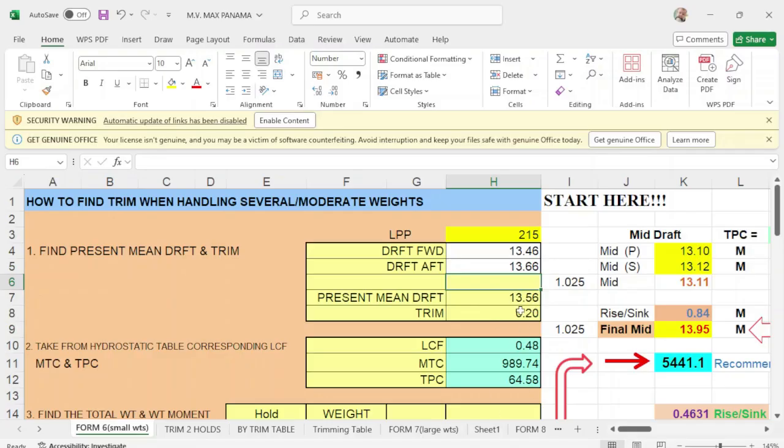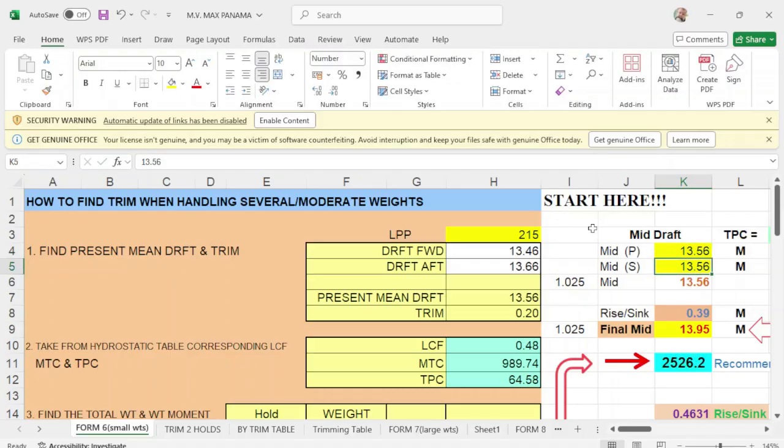With this mean drop of 13.56, you put it here. For example, there's no list, and your mean drop at mid port is 13.56, actual reading at berth, and mid starboard should also be 13.56.